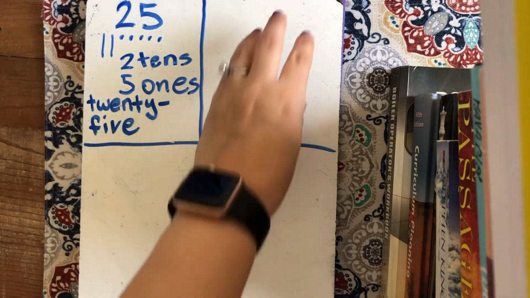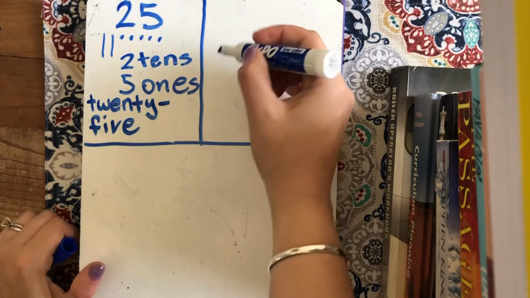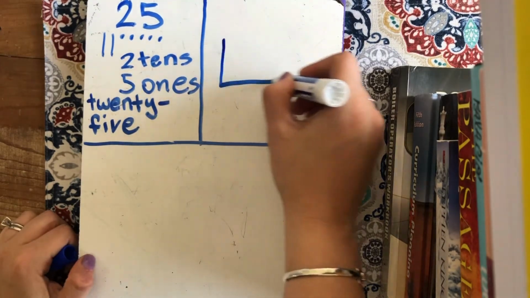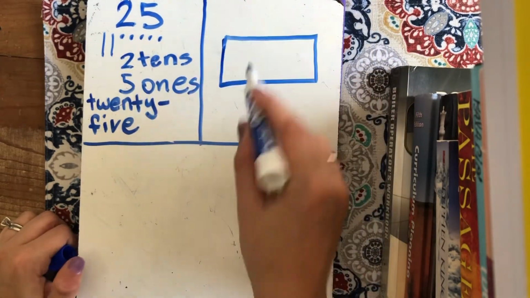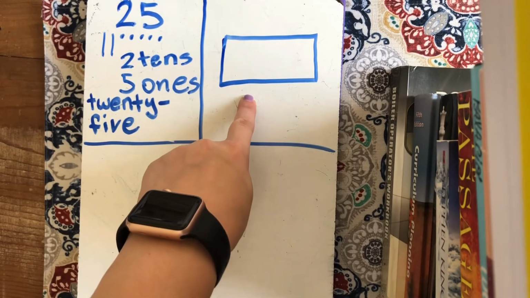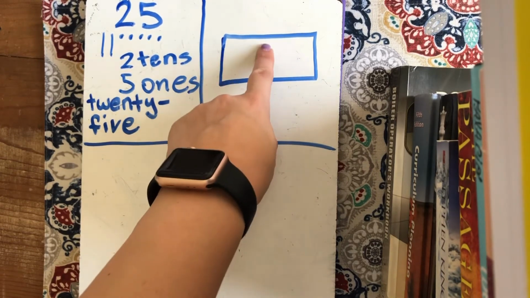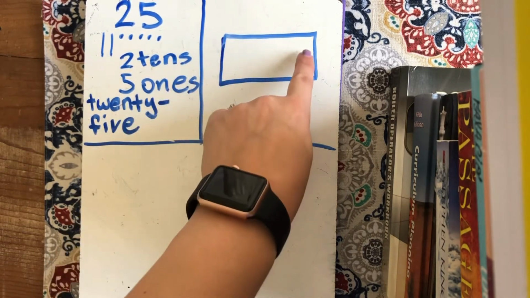Let's do a fraction for our second box. I'm going to see if you can tell me what that is. So I am drawing a rectangle. So what's this shape? A rectangle. Good job. Notice this side is equal with this side, and this side is equal with this side.